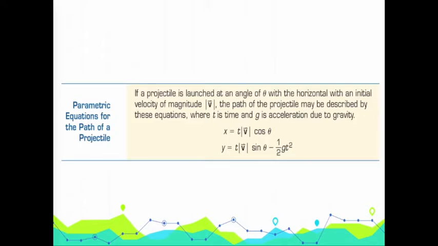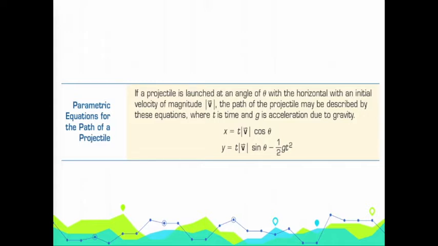The parametric equations for the path of a projectile. If a projectile is launched at an angle of theta with the horizontal with an initial velocity of magnitude v, the path of the projectile may be described by these equations where t is time and g is acceleration due to gravity. So you may recognize these from physics, right?